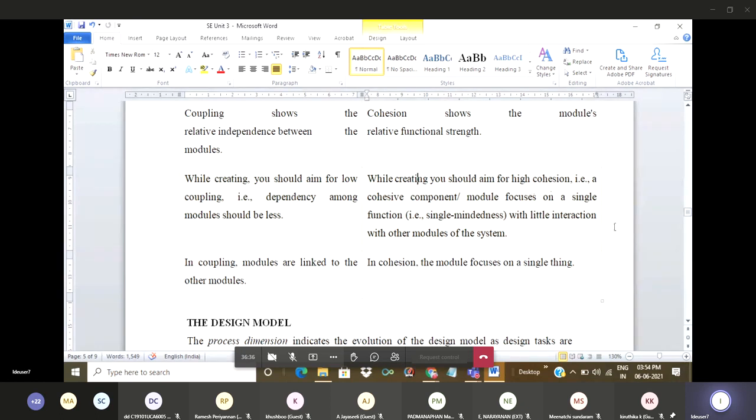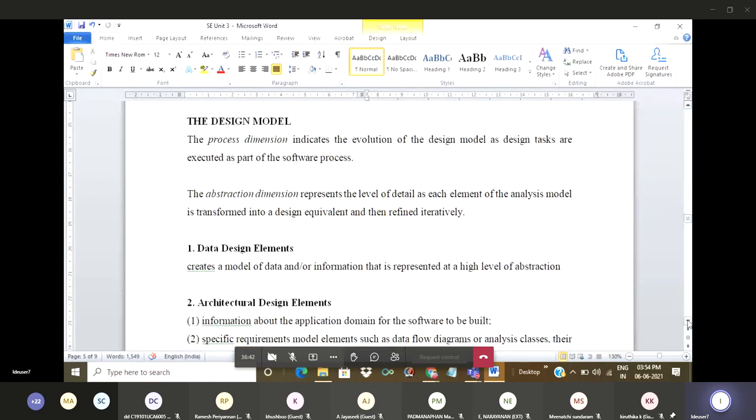So next title is design model. In the design model, we have to explain about process dimension and abstract dimension. First, what is process dimension, which indicates the evolution of the design model as design tasks are executed as part of the software process.